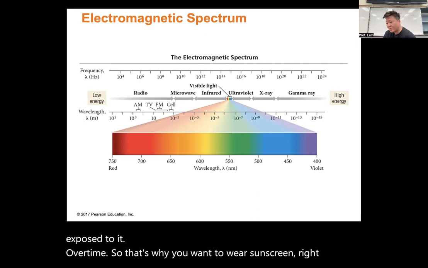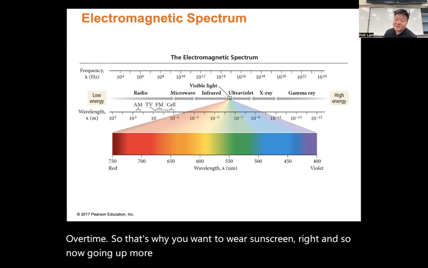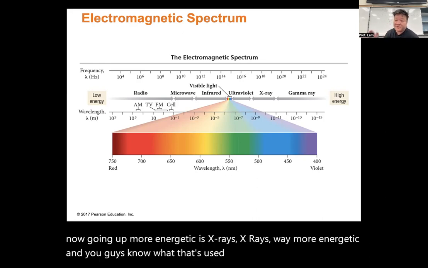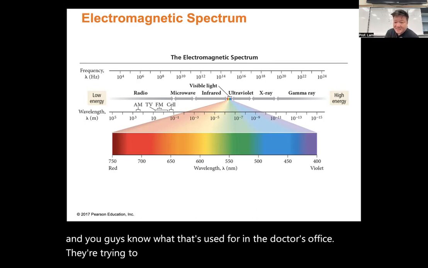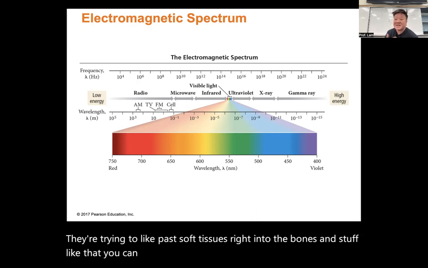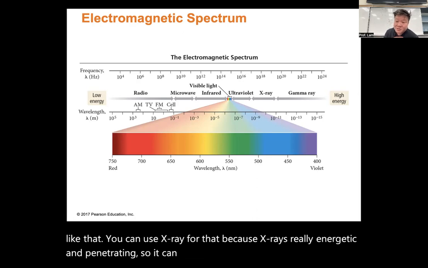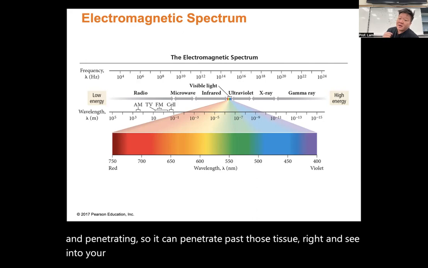So now going up, more energetic is X-rays. X-rays are way more energetic, and you guys know what that's used for in the doctor's office. They're trying to see past soft tissues, right, into the bones and stuff like that. You can use X-ray for that because X-ray is really energetic and penetrating, so it can penetrate past those tissues, right, and see into your body.